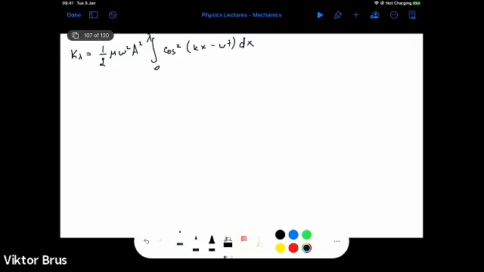Okay, since we don't have time involved here, and it actually doesn't matter at which time we do these calculations, let us consider that we do it at t equals 0.